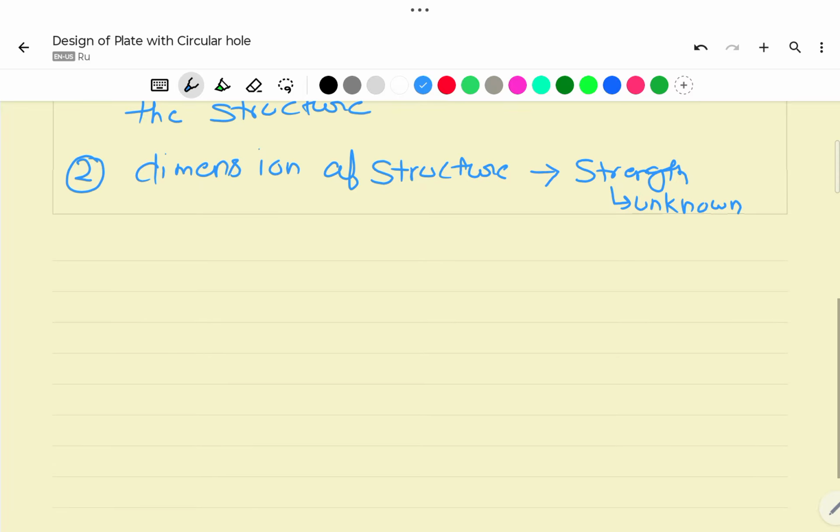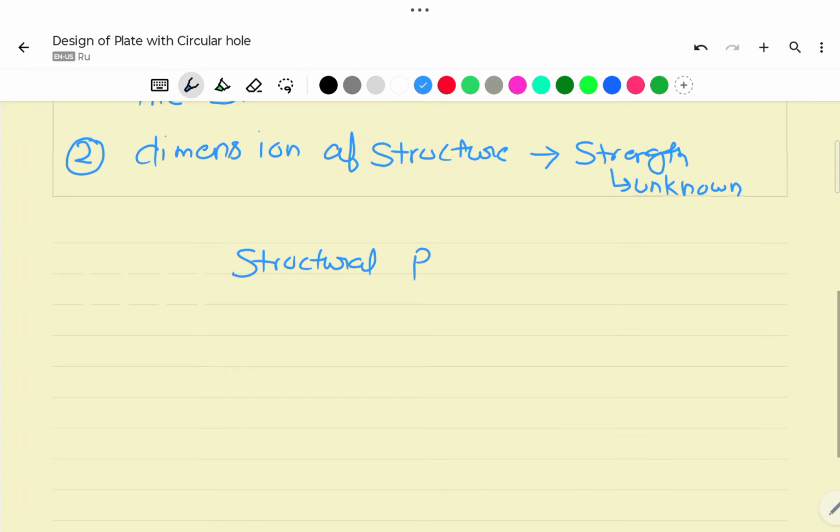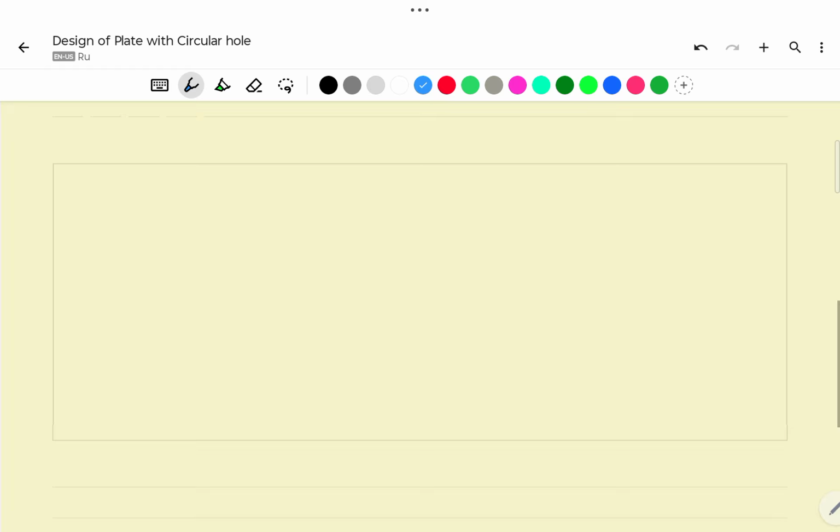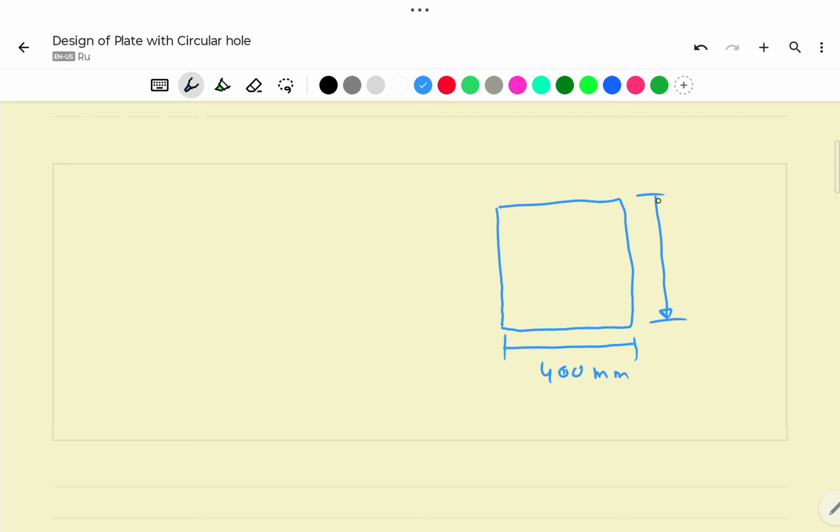In the structural representation, this plate has a length of 400 mm and a width of 800 mm, and there is a circular hole at the center of this plate.